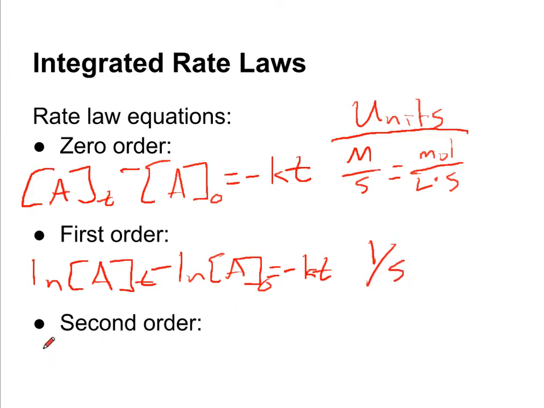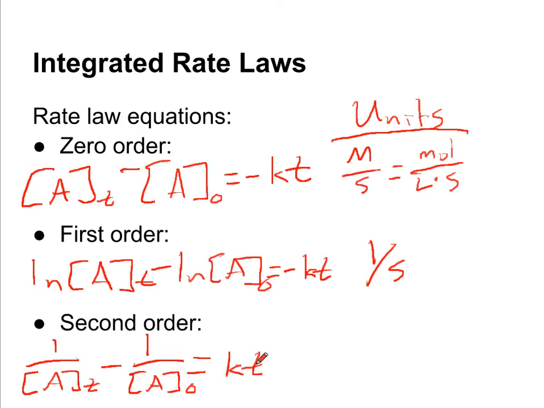For second order, the equation is 1 over the concentration of reactant A at time t minus 1 over the initial concentration of reactant A is equal to positive kt. The units for a second order integrated rate law are liters per mole times seconds, which is the same thing as 1 over molarity times seconds.